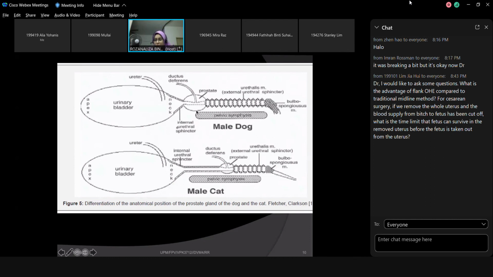For the cat, you have the bladder, and then you have some space before you meet the prostate. You can see the difference. If you have time, you probably want to study a little bit more. Even the bulbospongiosus muscle is actually thicker than in the cat. So these are the differences.